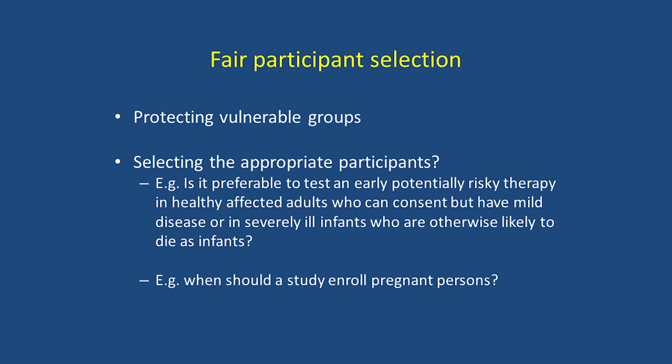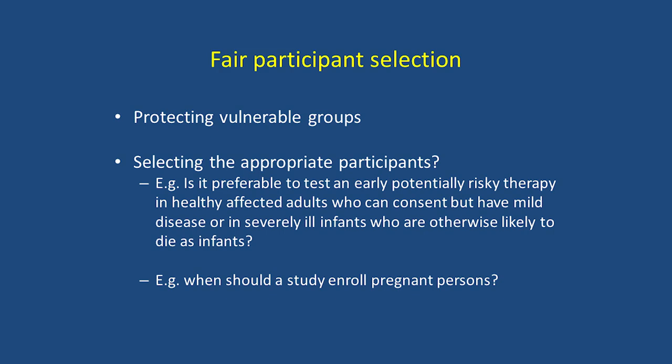However, there are other people who could be vulnerable in research. If you look at lists of people who might be vulnerable, think about, for example, people at the end of their life, people in the military, adults who can't give their own consent. There's a lot of possible groups of people who are vulnerable, and we should think about when it's appropriate to include them and when it's appropriate to not include them in research.